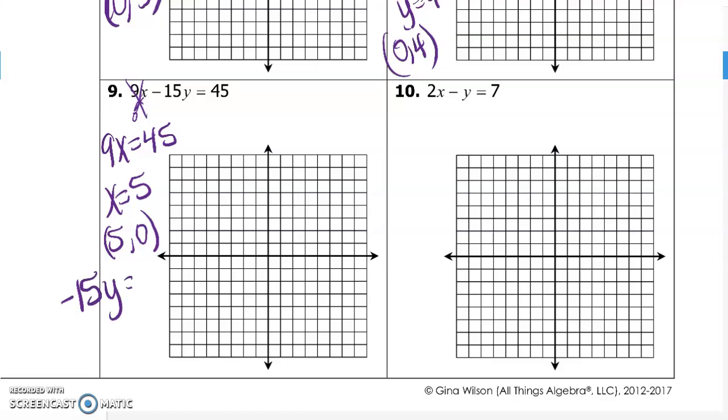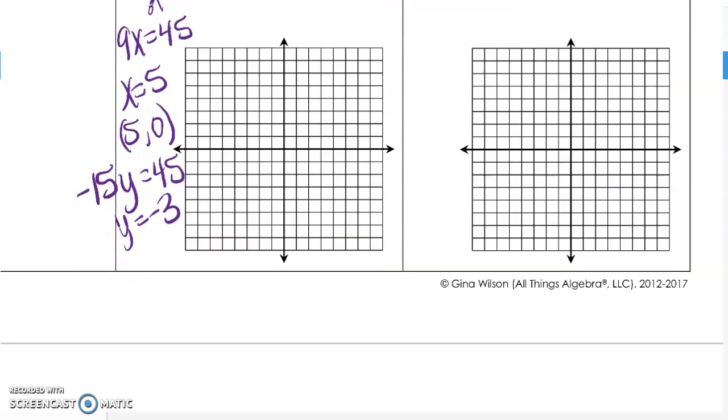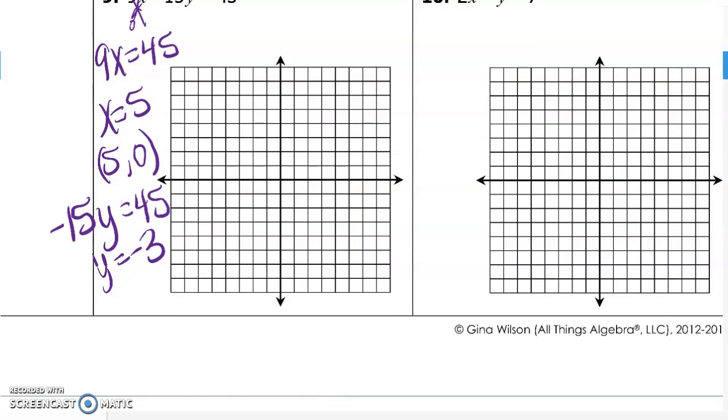Negative 15y equals 45. So I would divide and get y equals negative 3. So 0, negative 3 would be your ordered pair. So 5, 0 means right 5. 0, negative 3 means down 3. Connect your dots, and there's your line.